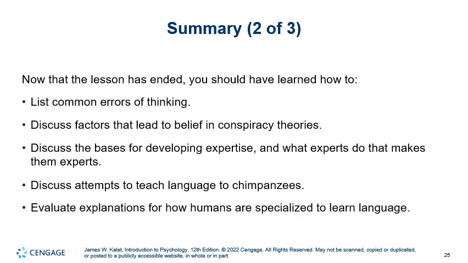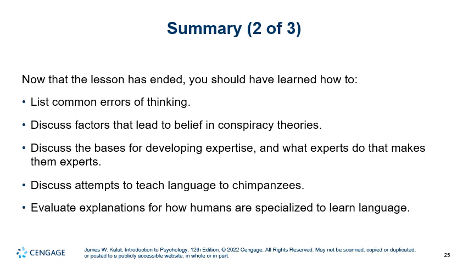During this video lecture, I discussed the common errors when we're talking about cognition and thinking. We looked at factors that help us understand the belief in conspiracy theories. I talked to you about the basis of development in terms of how we become an expert and what we do as experts to help make other experts.